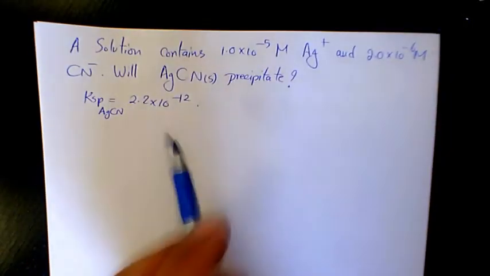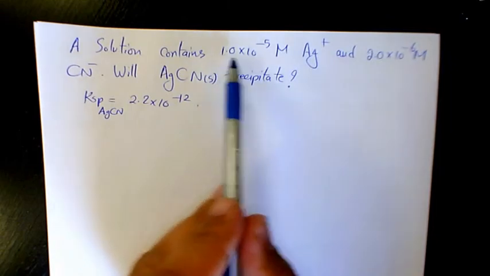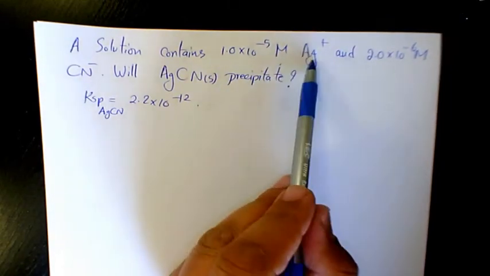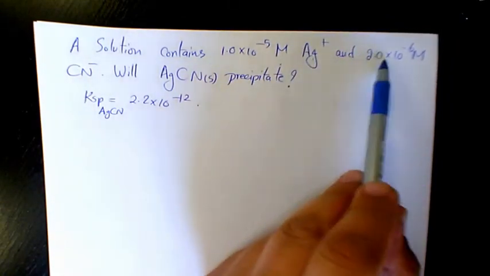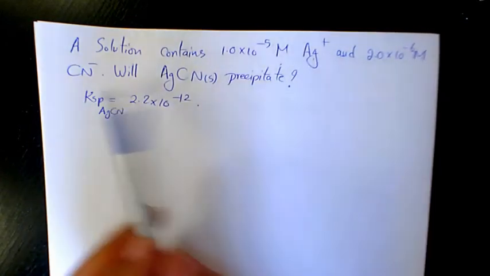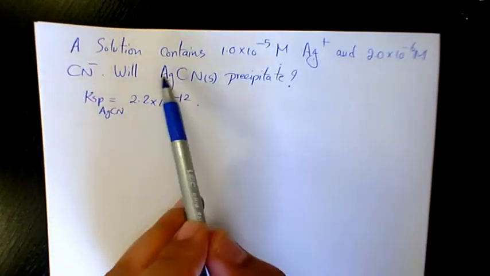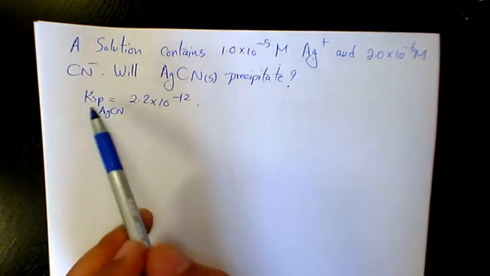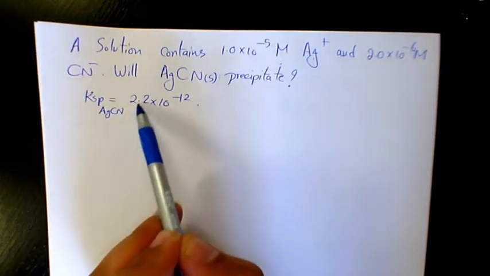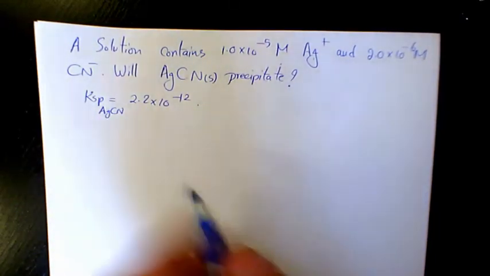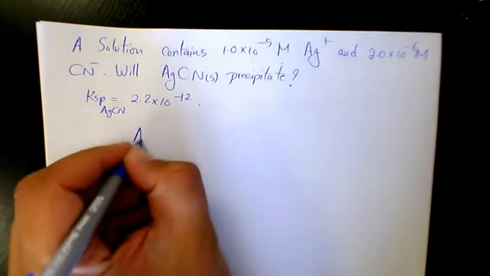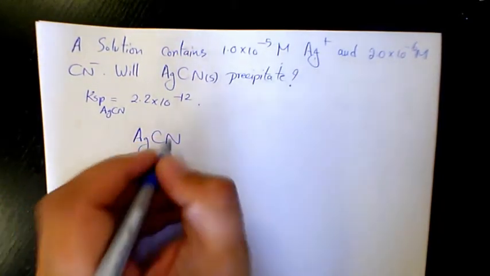Next example, it says a solution contains 1 times 10 to the power of negative 5 molar of Ag+ and 2 times 10 to the power of negative 6 molar CN-. Will AgCN precipitate or not? The Ksp for AgCN is 2.2 times 10 to the power of negative 12. AgCN is silver cyanide.